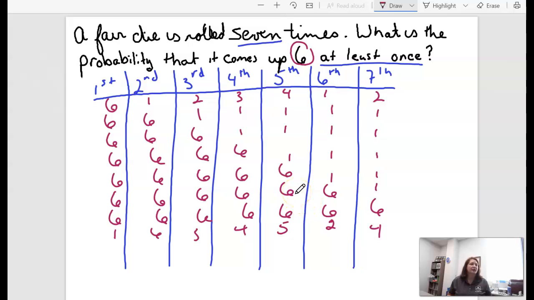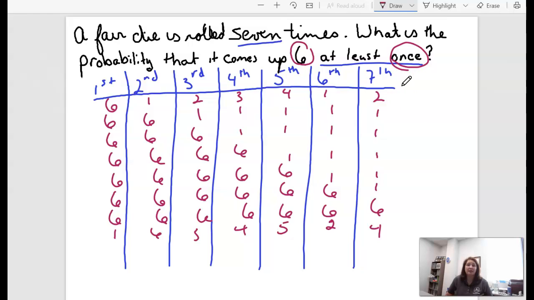So if we try to figure out all the possibilities of an at least once, more than likely, we're going to miss one. So anytime we look at an at least once, it's actually better to look at the opposite.